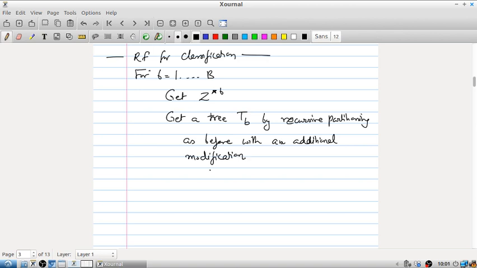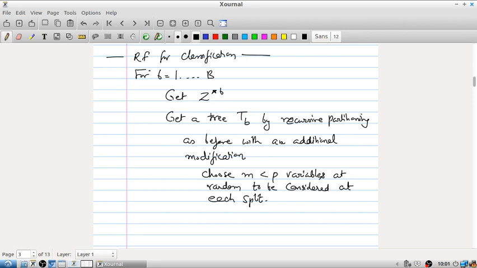You're going to choose m less than p variables at random to be considered at each split. So I said while building a tree you have to choose one of the p coordinates.